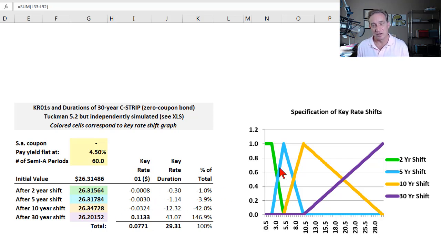So that's the whole point in doing this, is to allow ourselves a multi-factor approach where we still acknowledge the reality, the economics of a 30-year term structure, but we have a limited number of key rates that we could hedge against that, while wouldn't be perfect in a non-parallel shift, might do the job well enough. So that's at least my attempt to look at Tuckman's 5.2.